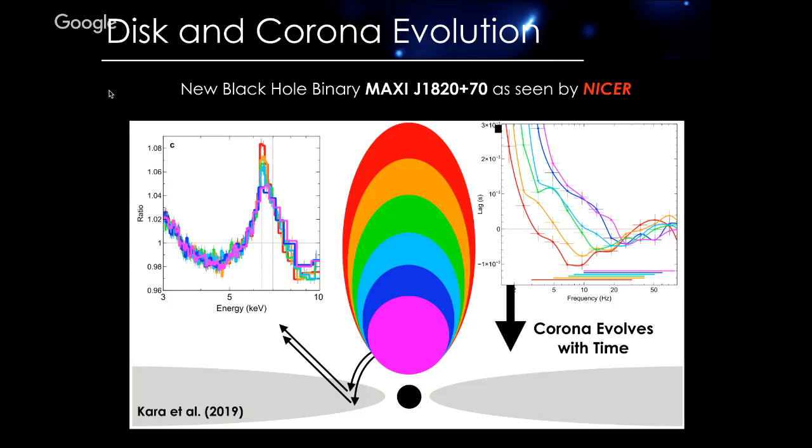The different colors show essentially different time scales for responses between the primary emission and the reflected. So for the first time in this kind of system, they have an indication that the corona is actually evolving and getting smaller, because what you're seeing is the frequency changes. The changes in frequency you can connect to some length scale for the corona and for the reflection as well. So this is a pretty exciting new result.